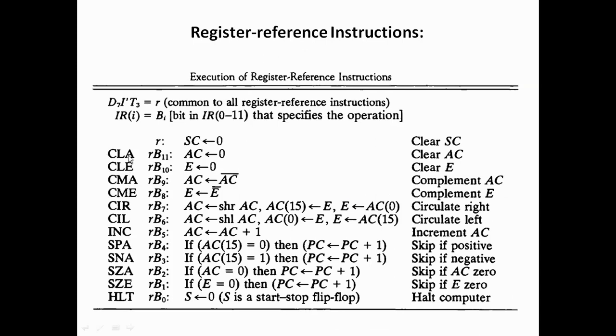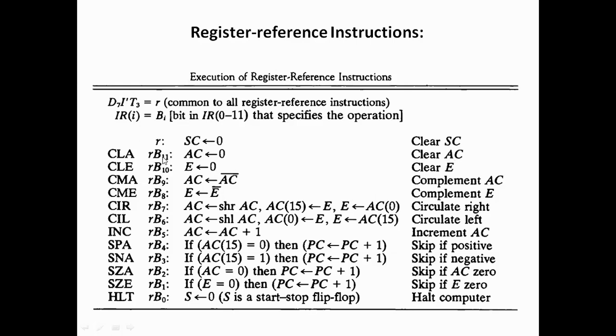the first instruction is CLA, that is clear accumulator. And for this, let us say the instruction register has those bits 0 to 11, and let us call each bit Bi, fine. So here, if I say B11, that means the 11th bit is 1, then only this clear accumulator will occur, and all other bits will be 0 at that time.